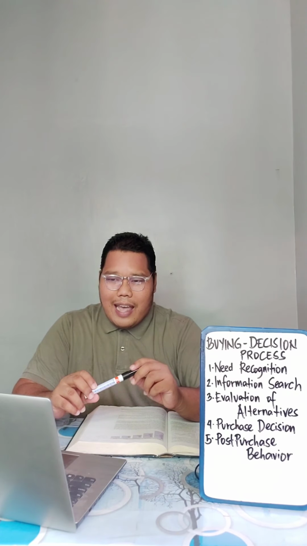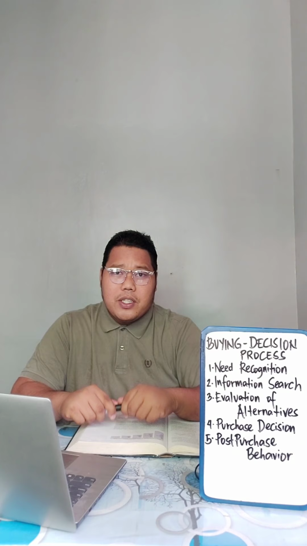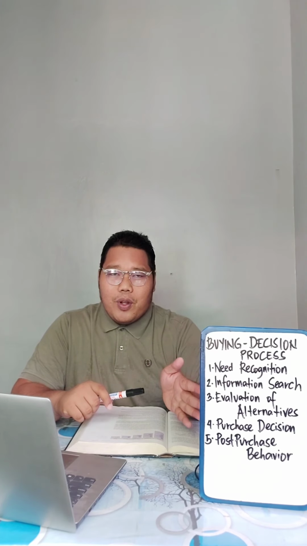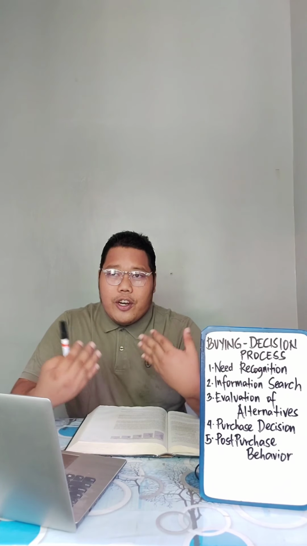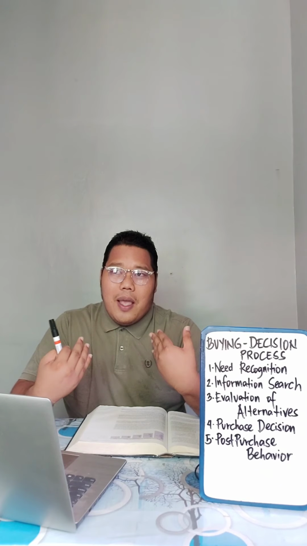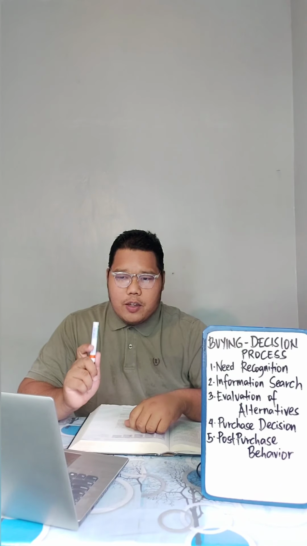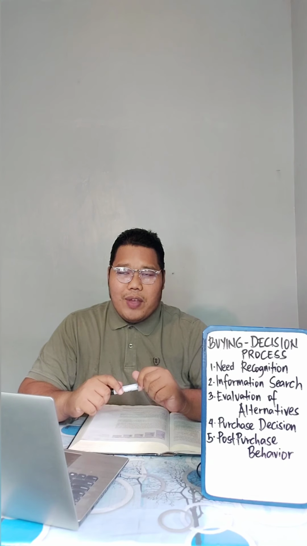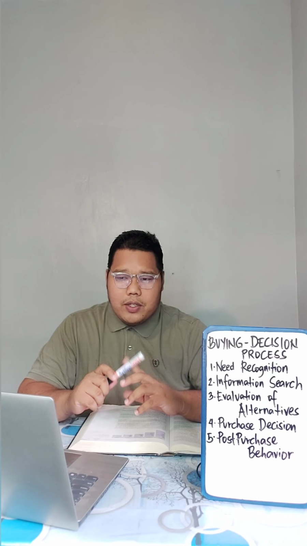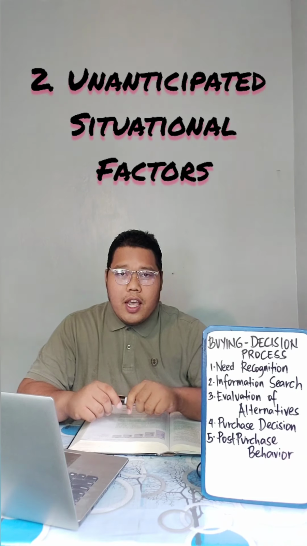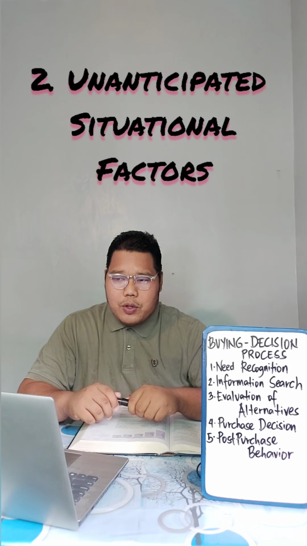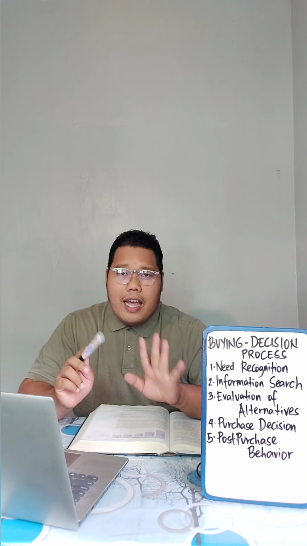Okay, that is the attitude of other people, especially when those people are very close to you and their opinions matter to you. The second intervening factor is unanticipated situational factors. So the decision may be disrupted due to a situation that one did not anticipate.